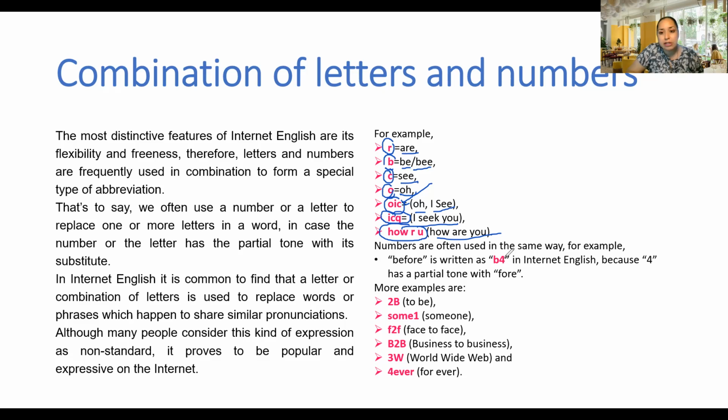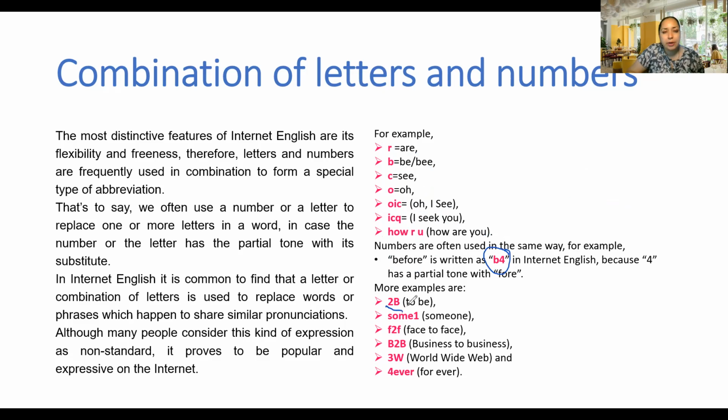For example, B and 4 together sound like "before", so it's used to express something like before. You can find things like B4, a little combination, and it's an abbreviation.